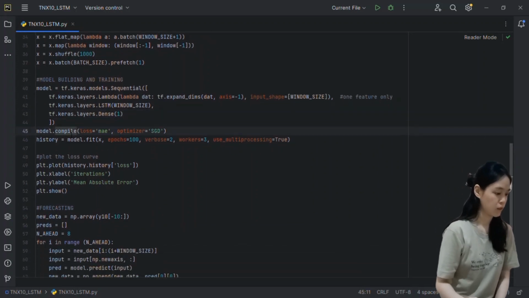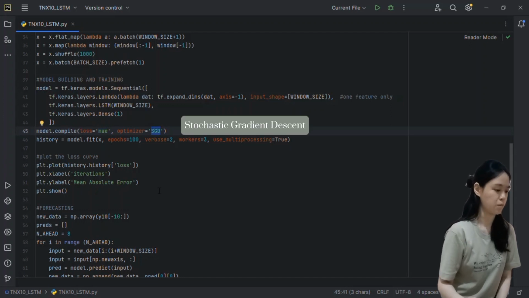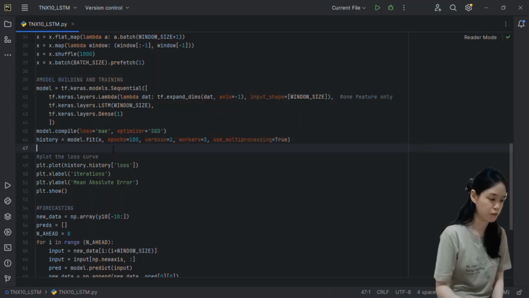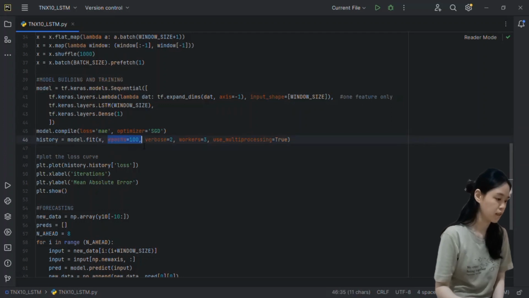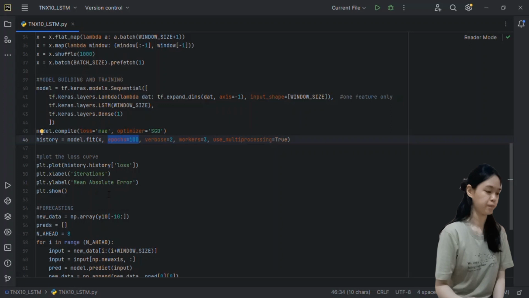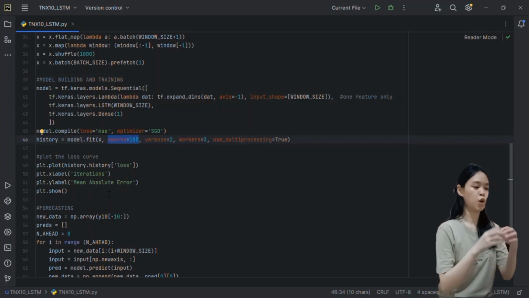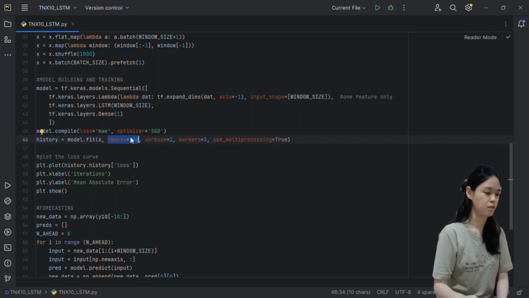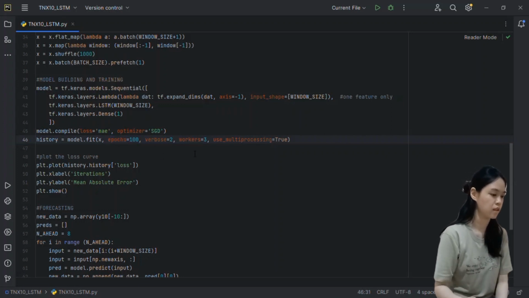And then before training it, we should compile it. I set the loss to be the mean absolute error, and then the optimizer to be SGD. And then, yeah, that's it. We could fit or do the training to the model. I set the epochs to be 100. So I want to go through the full data set 100 times. That's what it basically says here.